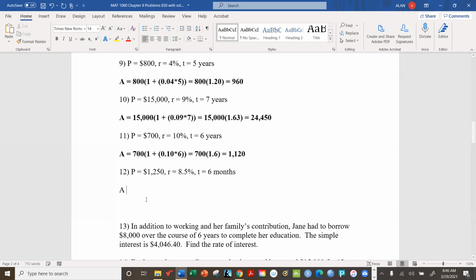And now finally, this one would be 1250 times 1 plus 0.085 times 6 months, which is, remember, 0.5. So you can rewrite this as 1.0425. Okay.